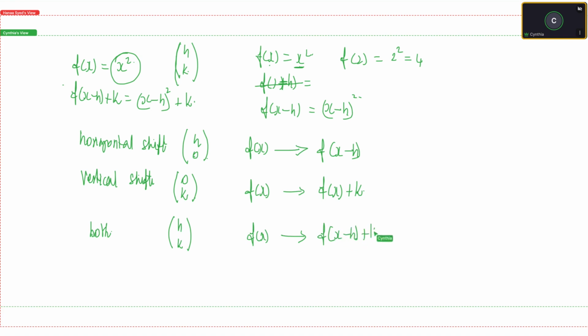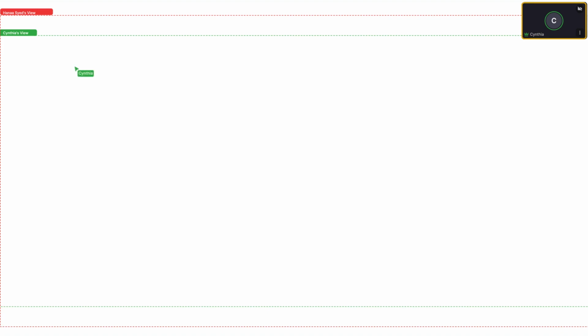Now we will see how it is changing the graph. f of x equal to x square. So how is the x square graph?